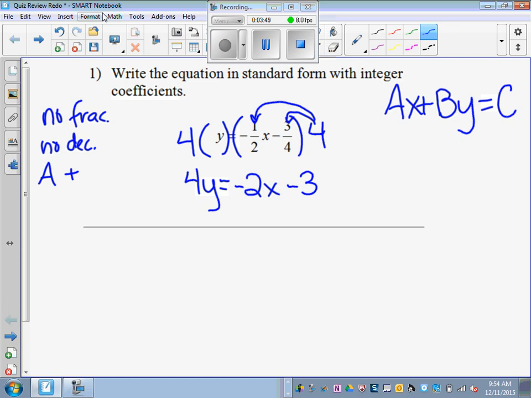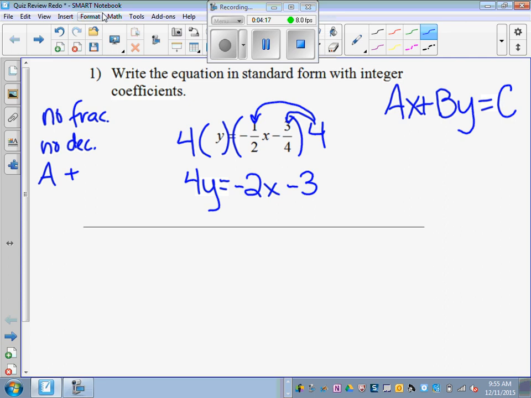The reason why that reduces so nicely is because we're multiplying by the same denominator. So anytime what you're multiplying by is your denominator, you'll end up with just the numerator. Do the multiplication, because you have to multiply 4 times both pieces, and I don't want you to forget to multiply by that first term.